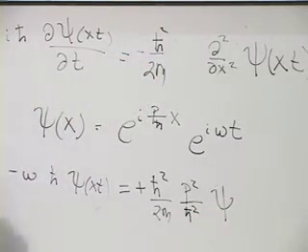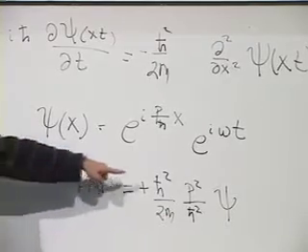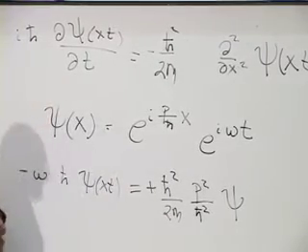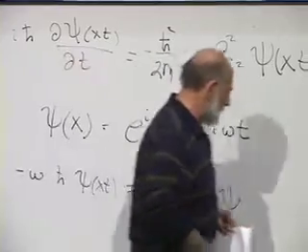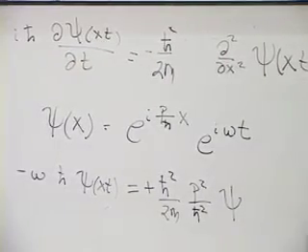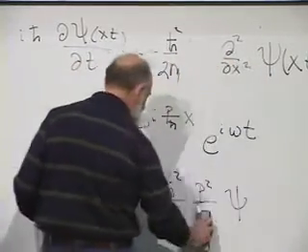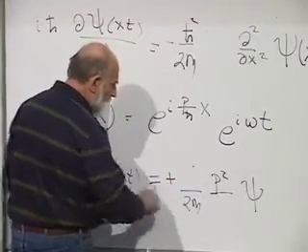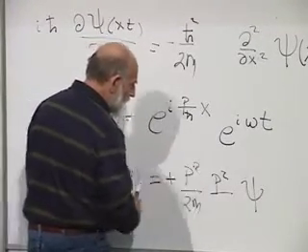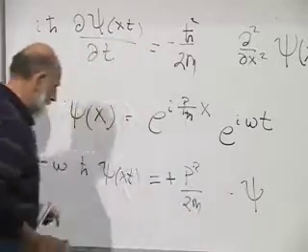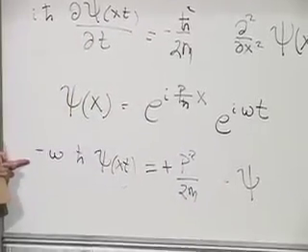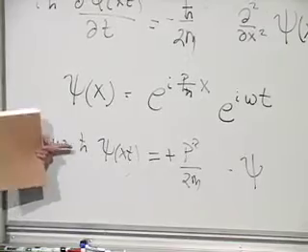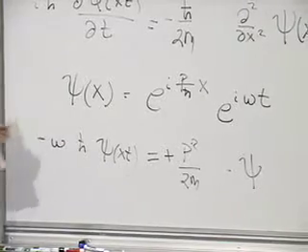All right, so now let's clean it up a little bit. h bar squared over h bar squared, that cancels. Cancel out the h bars. And we get p squared over 2m times psi. The left-hand side, minus omega times h bar times psi.